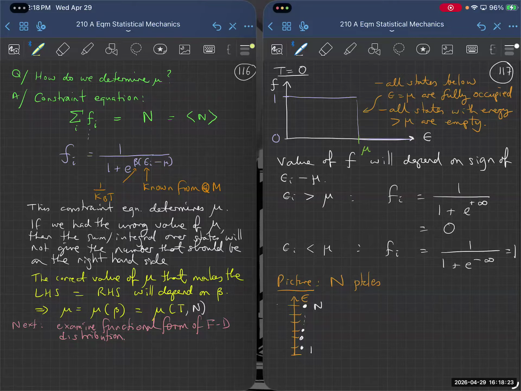And so this energy level would be the energy mu. So we've just filled the particles up like that. Now, you can't have two fermions in the same state. This is a picture for fermions, but ignoring spin.